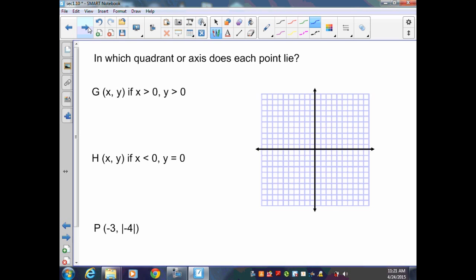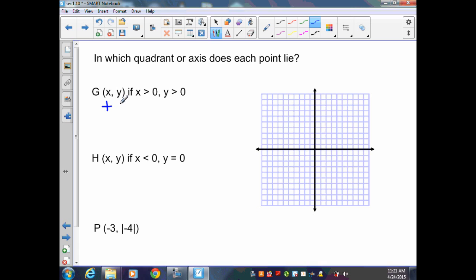Next, in which quadrant or axis does each point lie? I've generated a coordinate plane here for you, and now what they've given us is a generic ordered pair. G is going to be x, y. Well, we know that that is my x and y coordinate, but they don't give us any values. They tell me that x is going to be greater than 0. That means x is positive. And they tell me y is greater than 0.